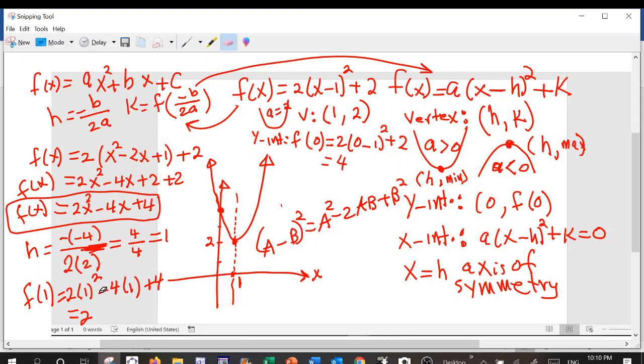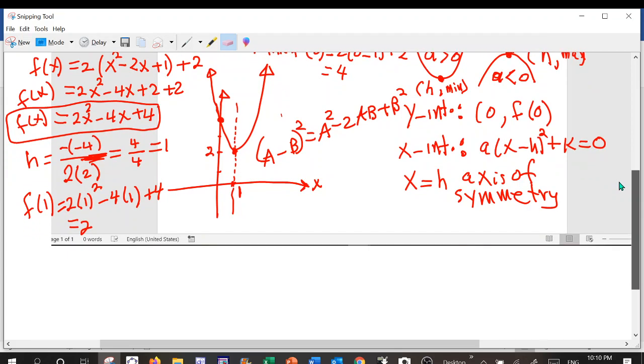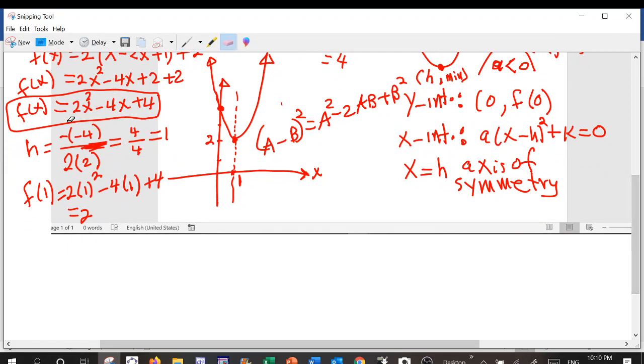And the rest of it is the same. If you find the x and y intercepts, it's the same way. If you were to find the y-intercept of this, you just substitute 0 for x, you get 4. And the x-intercept, you set this equal to 0, and you're going to see it doesn't have any real solutions. So we don't need to find the x-intercepts here because there is no x-intercept.